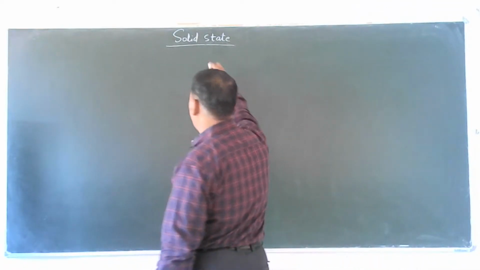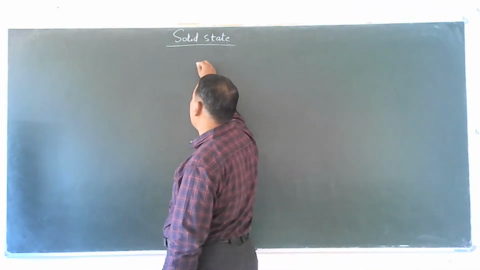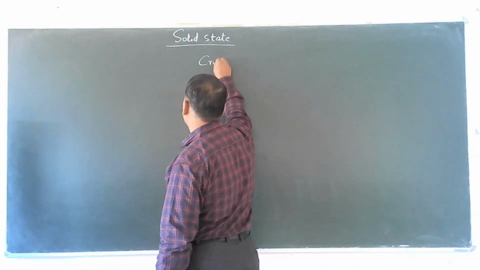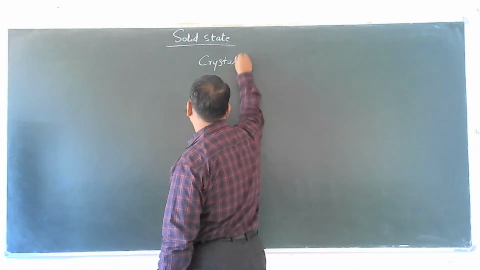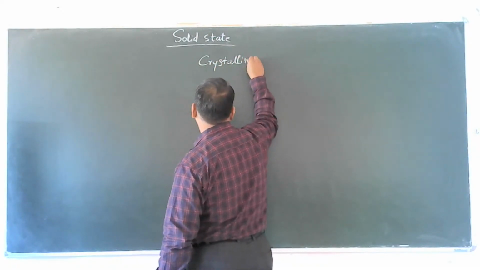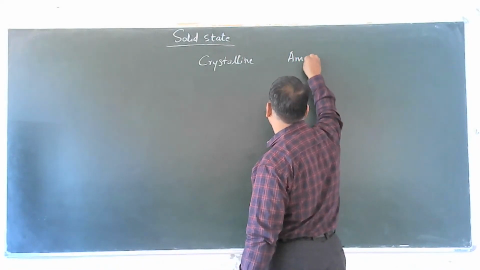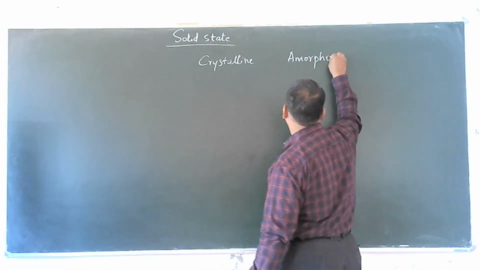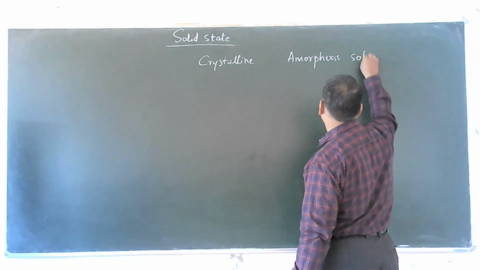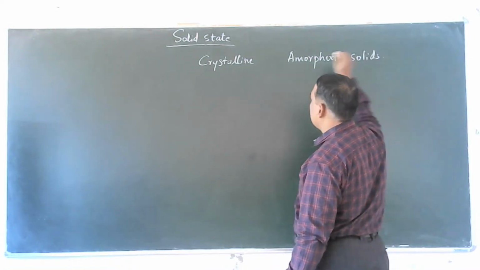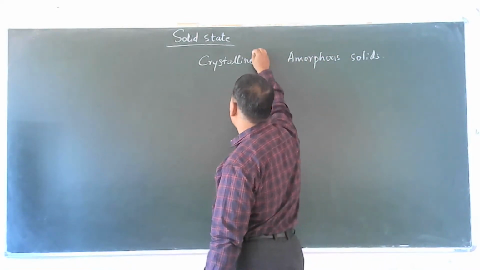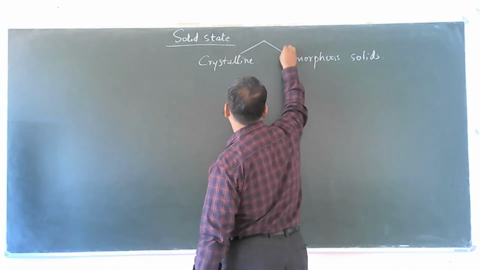Then solids can be broadly classified into two types. One is crystalline solid, and another one is amorphous solid. Are you clear? Crystalline solids and amorphous solids.